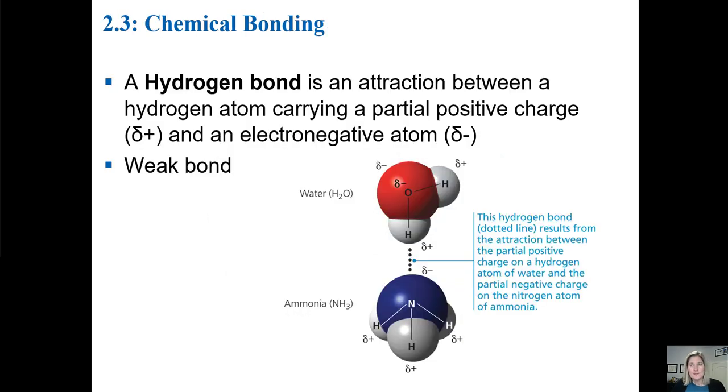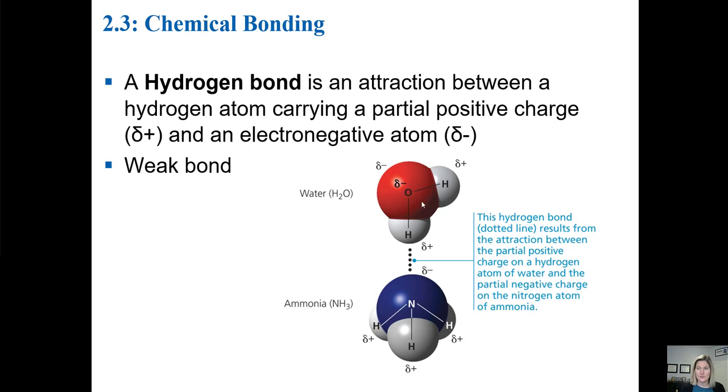So the last type of chemical bonding we're going to talk about is called hydrogen bonds. Hydrogen bonds are also a weak bond, just like the ionic bond, but it's between a hydrogen atom, you could have guessed that, right? And an electronegative end of a nearby molecule. So here's an example of a hydrogen bond. Here we have a water molecule that's polar covalent, right?